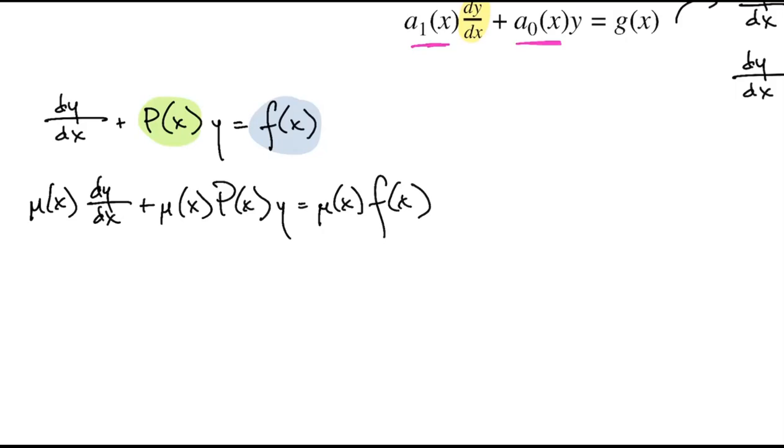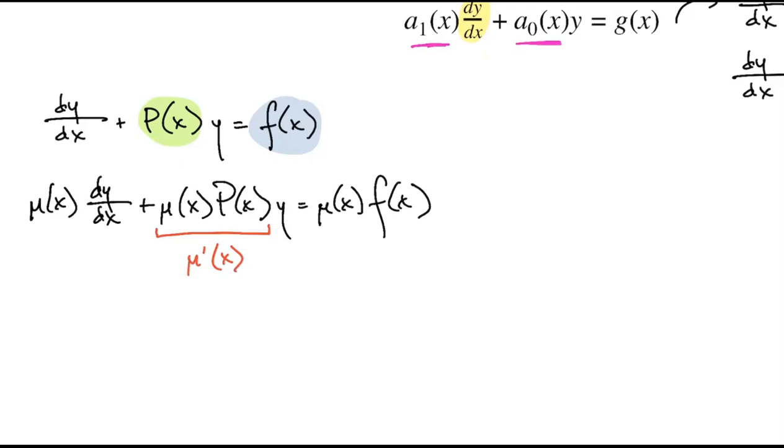Now, because we're clever mathematicians, we chose mu, this magical function, to be very special. In fact, it turns out that mu of x times p of x actually is mu prime of x.